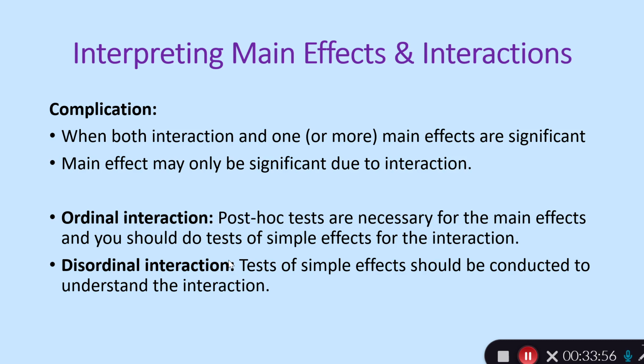You have to conduct them to understand the interaction. And if you're reporting a disorderly interaction, even if you had a significant main effect, you could state in your results that the main effect was significant but not consistent due to a significant disorderly interaction.